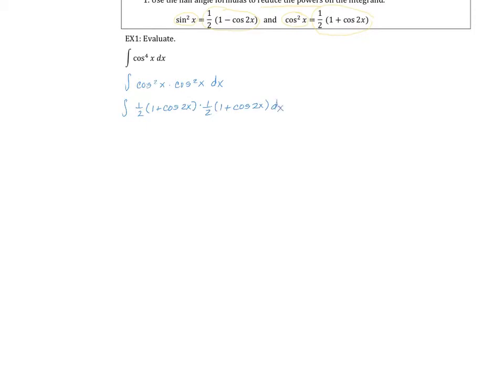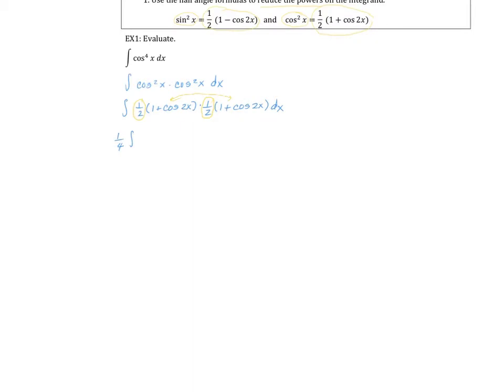The idea is to keep reducing the powers so that we eventually get something that we can integrate. And now I'm going to take the 1/2 times 1/2 out to the front of my integral. There's going to be a lot of algebra here. To get 1/4 the integral of, and now I can also multiply these two pieces, the 1 plus cosine 2x times 1 plus cosine 2x, and get rid of those parentheses.